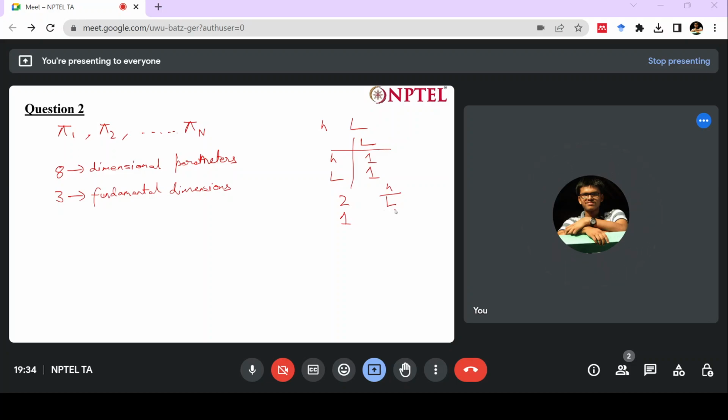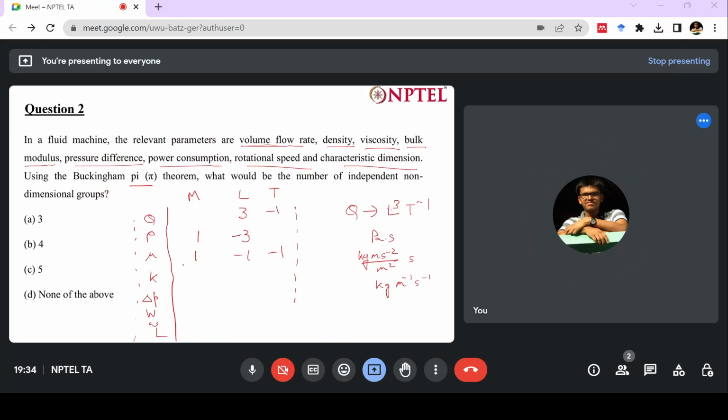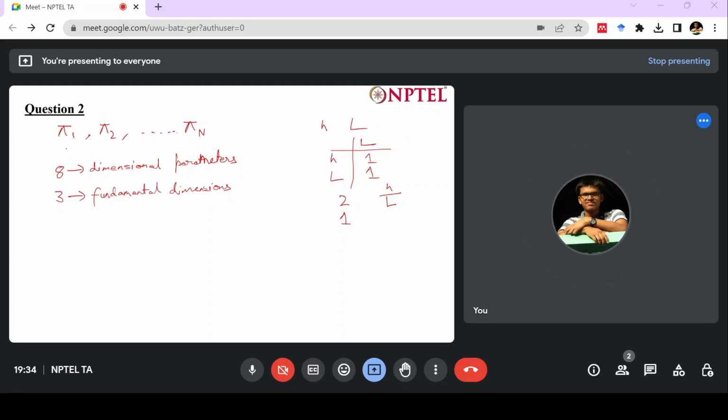Similarly, we can perform this exercise using all these parameters and come up with the non-dimensional parameters. In this case, we have to eliminate one parameter, and then we get our non-dimensional term.